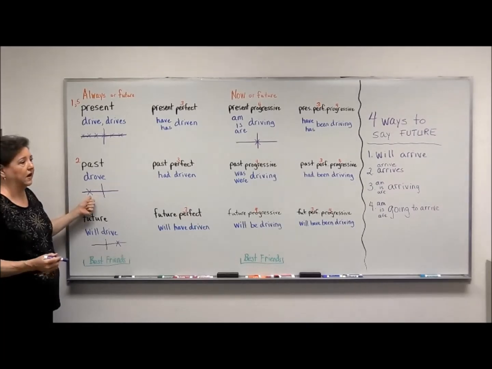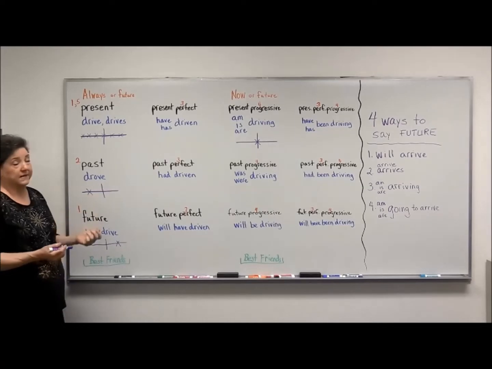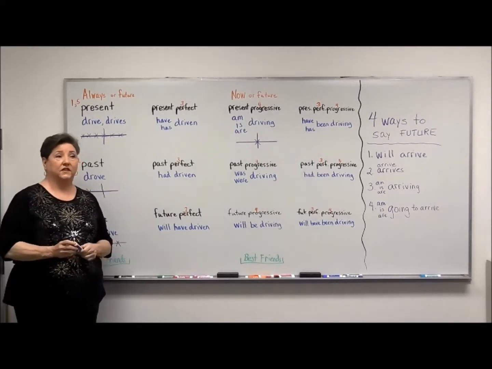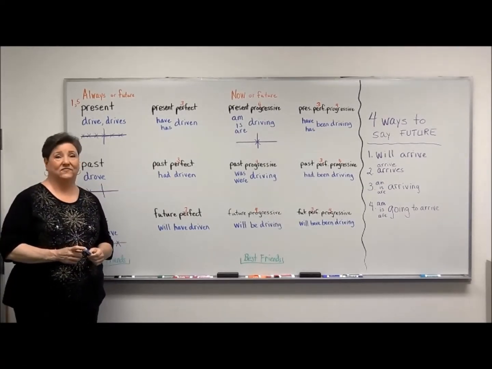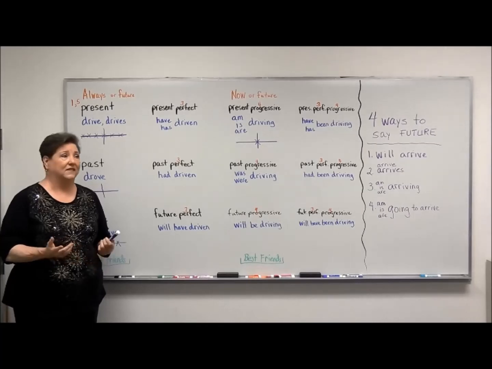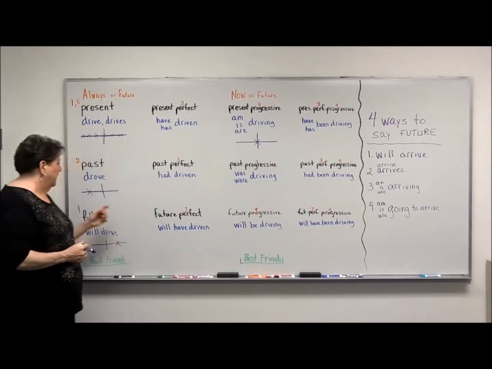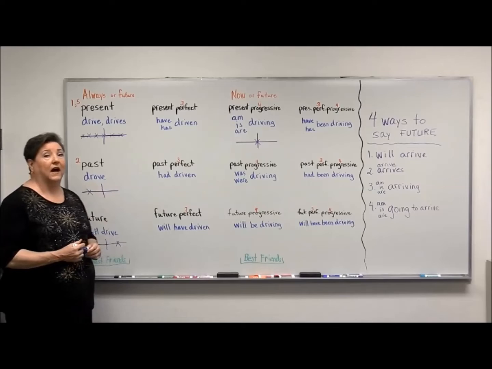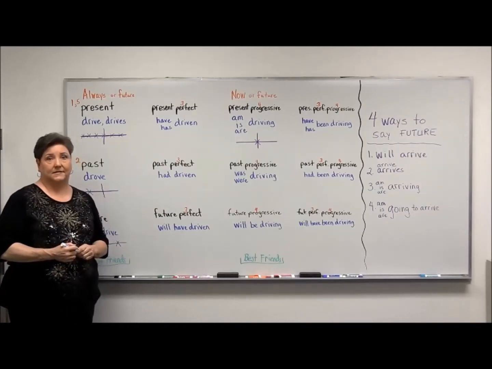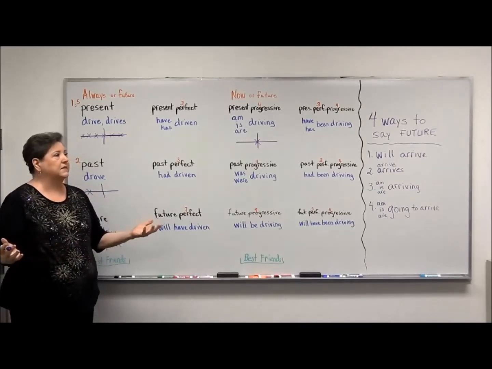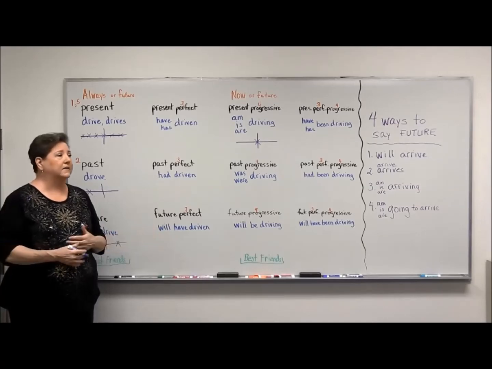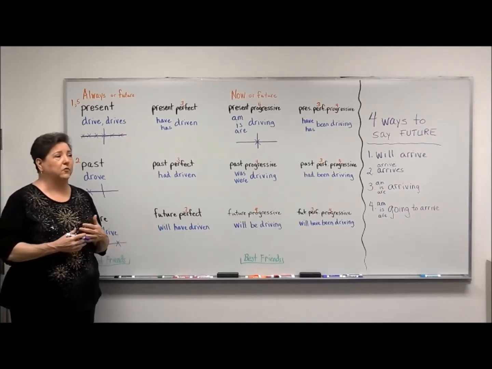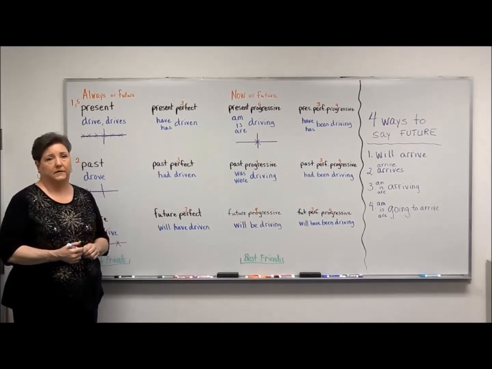I'm not talking a lot of details about it. Example, last night I ate dinner early. Last week I drove to Dallas. I didn't tell you time. I didn't tell you details. I just put one simple action in the past.